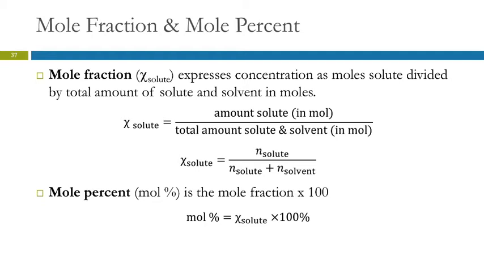It's a part over a whole, but not multiplied by anything. And it's the moles, not the masses. So we get amount of solute in moles divided by the total amount of solute and solvent in moles. So it's going to require some adding. We can take that mole fraction and multiply by 100, and that'll give us mole percent.